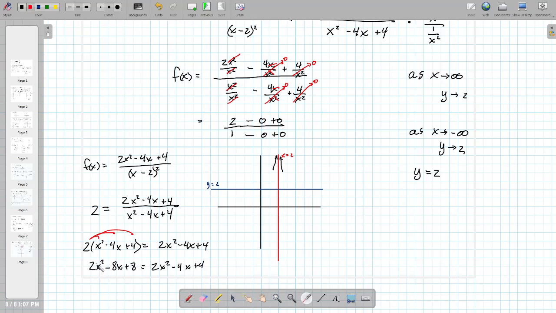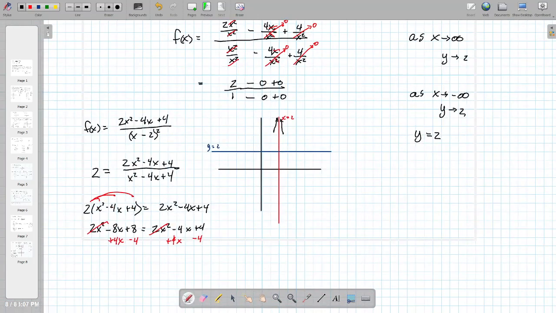Subtract both sides by 2x squared, and that will just cancel. We can add 4x to both sides, and we can subtract 4 from both sides. We end up with a negative 4x, and 8 minus 4 is, of course, 4, equals 0.